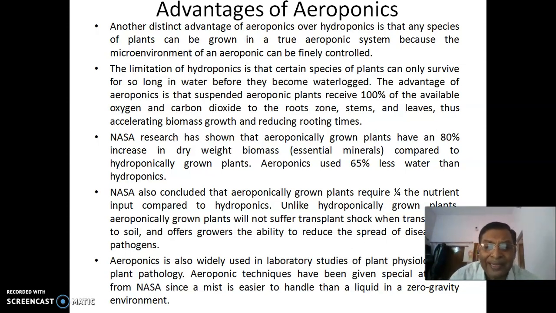Aeroponic techniques have been given special attention from NASA. A mist is easier to handle than a liquid in zero gravity environments. Therefore, with aeroponics it is easier to handle the mist rather than the liquid for aerospace containers and so on.